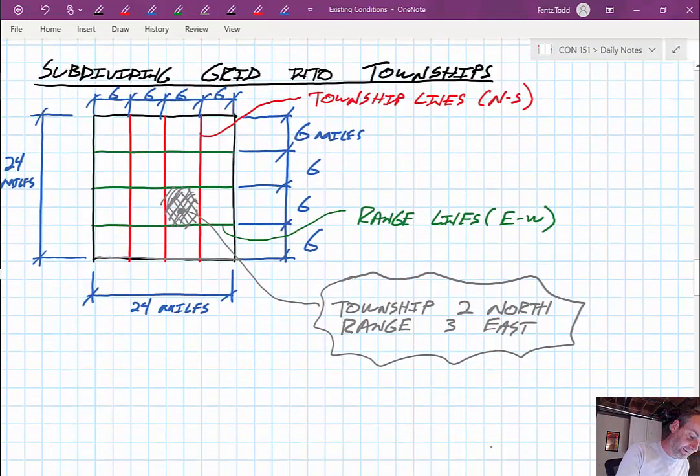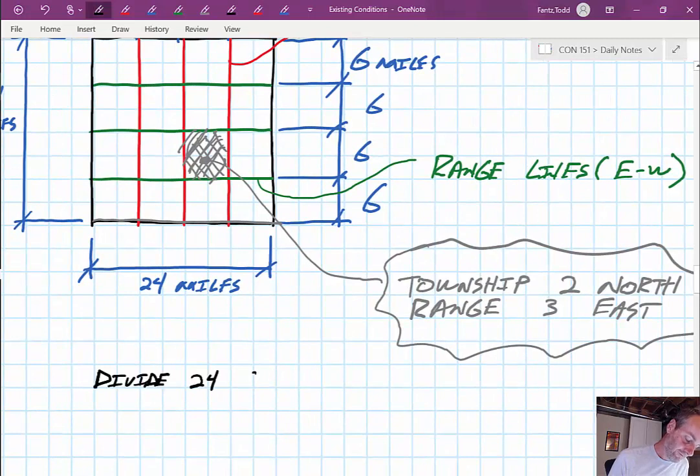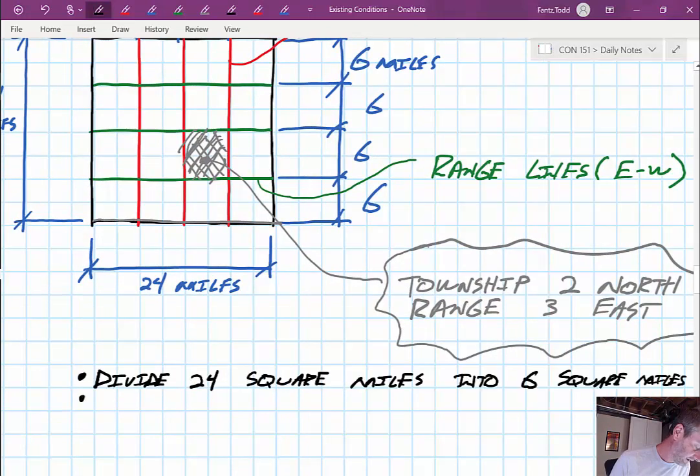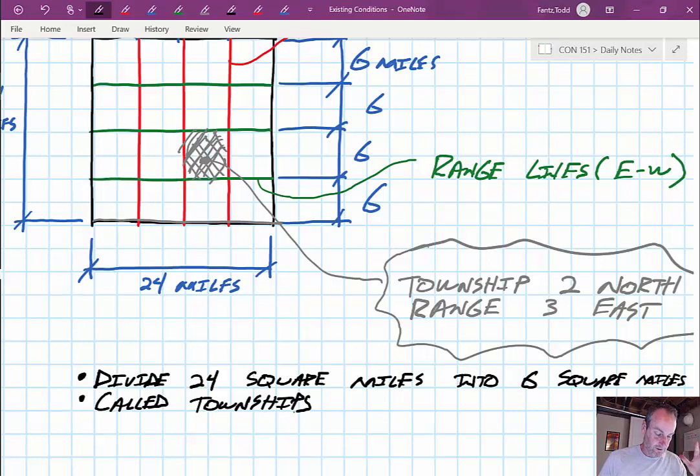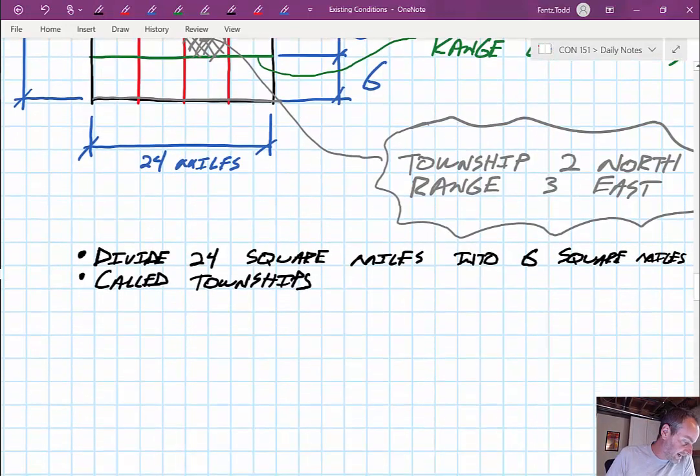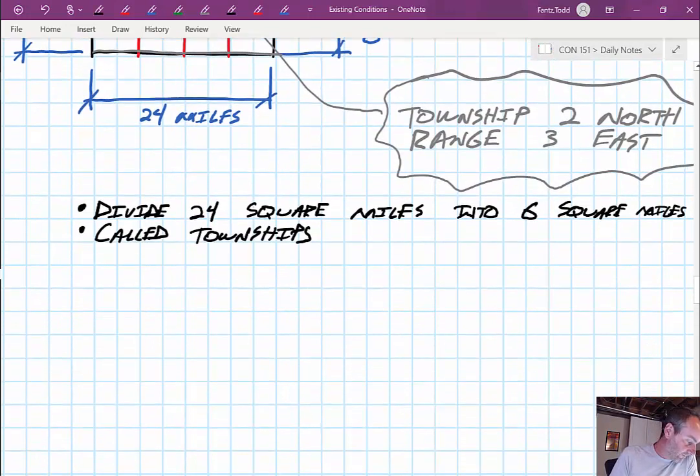And in essence, here's what we just did. We divided 24 square miles into 6, and once again, these are called townships. Now the issue is, we have a 6 square mile grid, but that's still a big section, right? So I want to subdivide that into smaller pieces, which we're going to call sections.